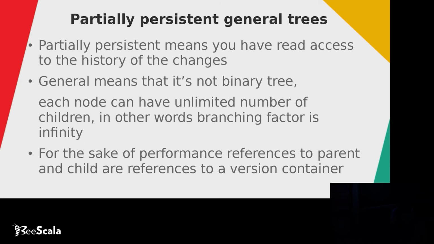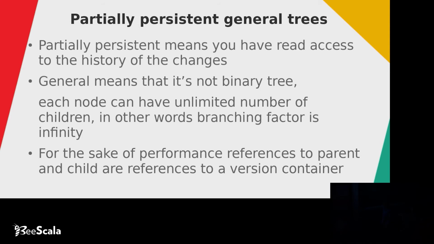The fully persistent means that you can also do the write operation, so you can have that version as a kind of milestone, and then you have two parallel versions of that tree. But for simplification, it's easier to use the partially persistent trees. General means that it's not a binary tree, it's just a tree with an unlimited number of children and unlimited height of the tree, or depth.